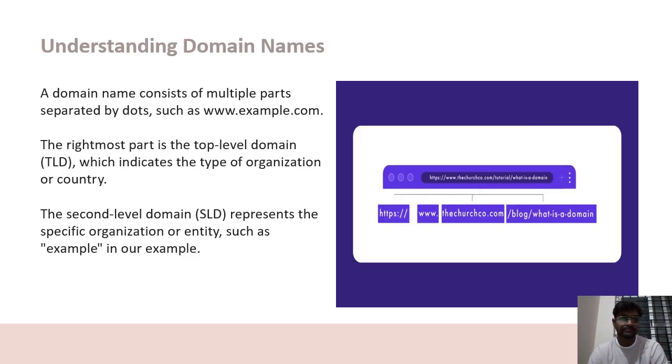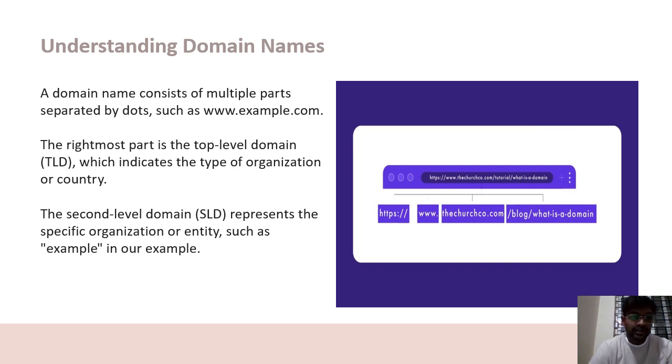Understanding domain names. A domain name consists of multiple parts separated by dots, such as www.example.com. The rightmost part is the top-level domain, which indicates the type of organization or a country.